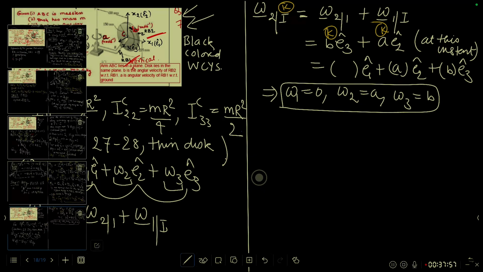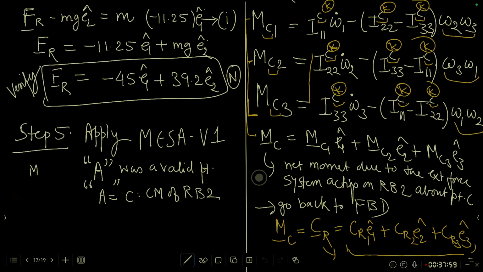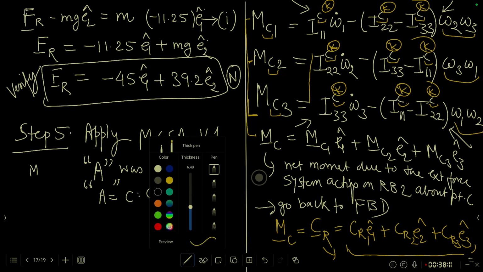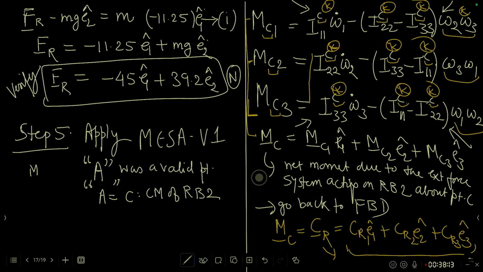Alright, so I have taken care of all these things, this product taken care of. What is the next unknown here? Omega 1 dot, omega 2 dot, and omega 3 dot. How do I get that? I explained it during my lecture.